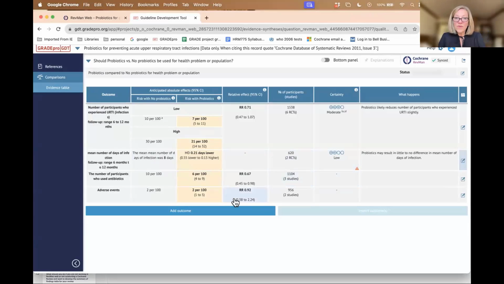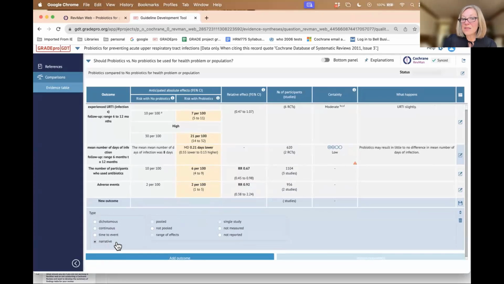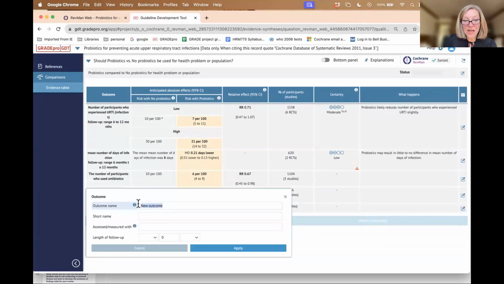Okay. The other thing I'm going to show you is, what if you had an outcome where you weren't able to do a statistical analysis? Well, you were only able to do a narrative synthesis. You couldn't pool it statistically. We're going to save that. And we're going to enter, say, for example, number of days missed from school. That's my outcome.